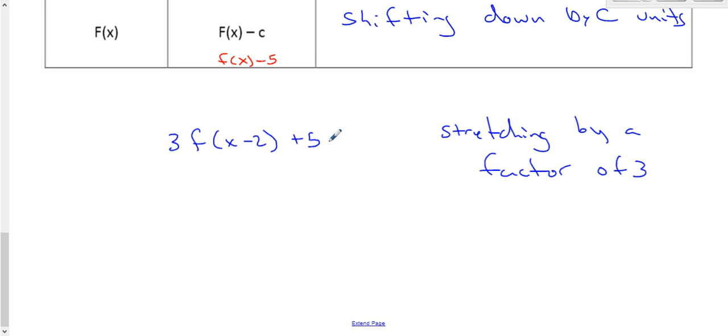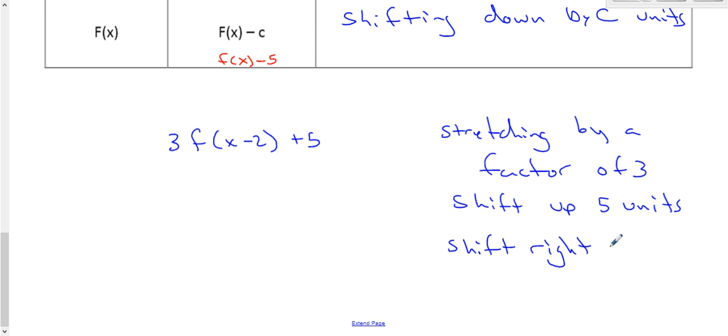I am shifting up by 5 units. And with the 2 on the inside, that is a horizontal, and we look at it as an opposite value. So positive 2 would be to the right 2 units. So thinking opposite of negative 2, that is shift right 2 units.